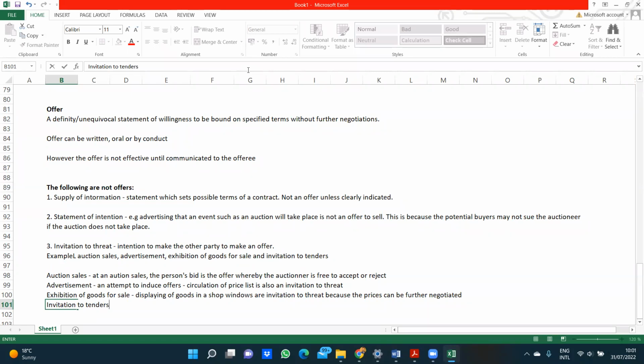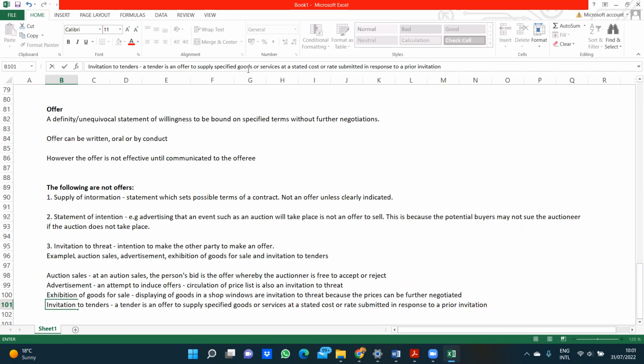An invitation to tenders: a tender is an offer to supply specified goods or services at a stated cost or rate, submitted in response to a prior invitation for tenders, and is therefore an invitation to treat. Okay.